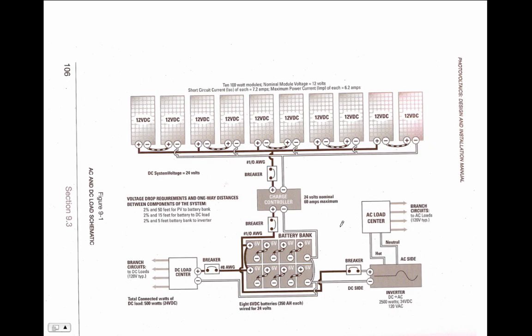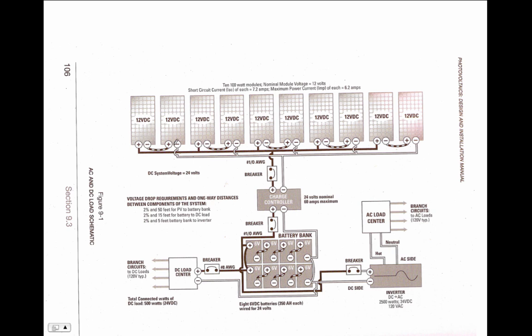And here's putting all this together into a kind of system design. Here's a system that has 10 100-watt modules connected for 24 volts. It's a 24-volt system, so these are 12-volt modules. So you have to hook them together in groups of 2.